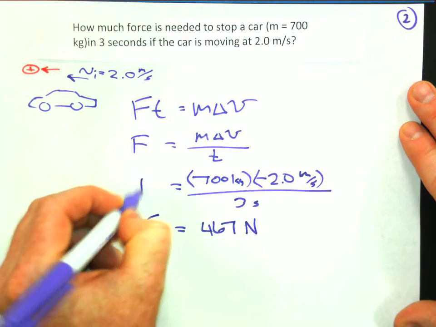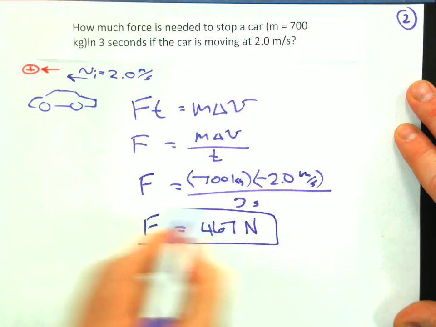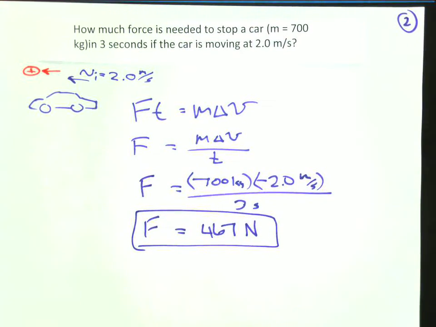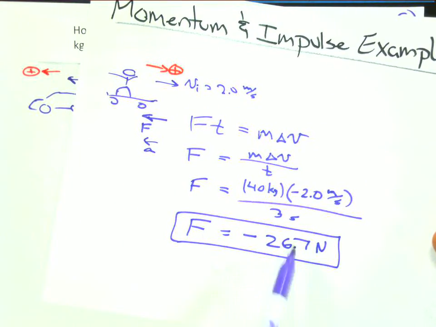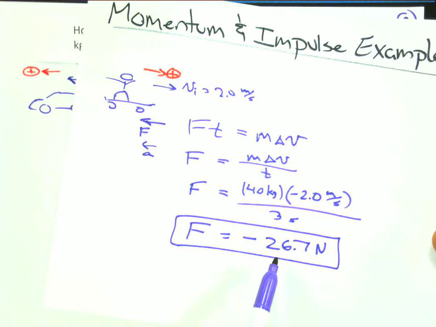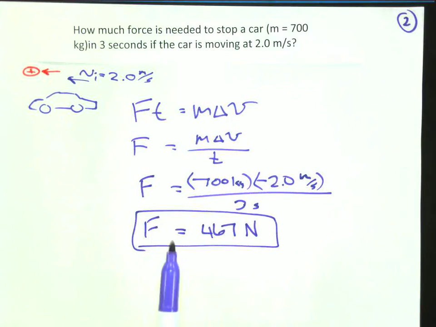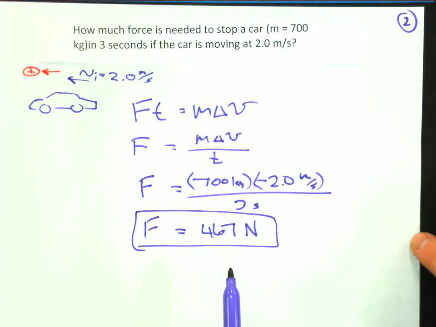Let me carry this down so we look complete. The child on the skateboard moving at 2 meters per second required roughly 27 newtons to stop in 3 seconds. The car moving at 2 meters per second required nearly 470 newtons to stop in 3 seconds.